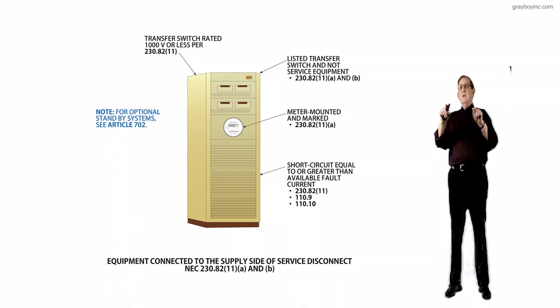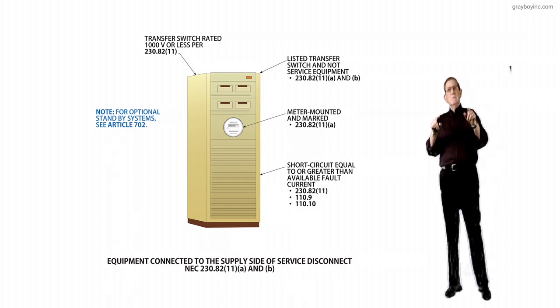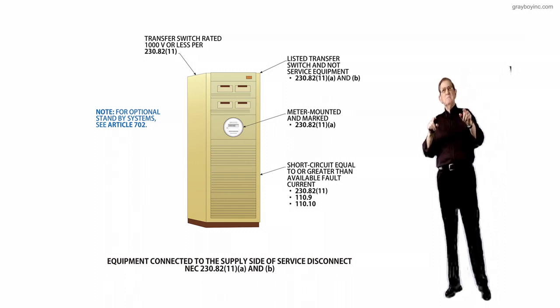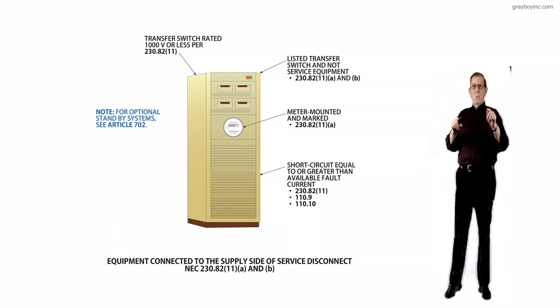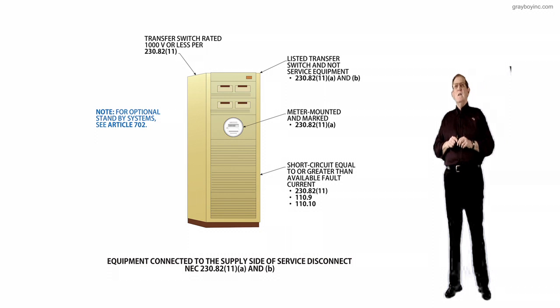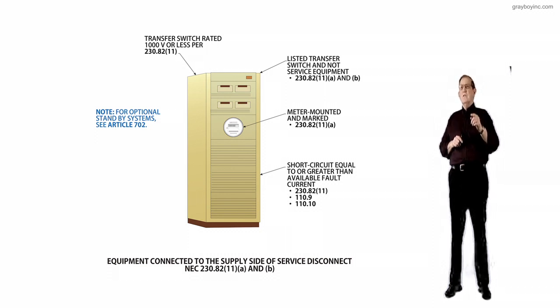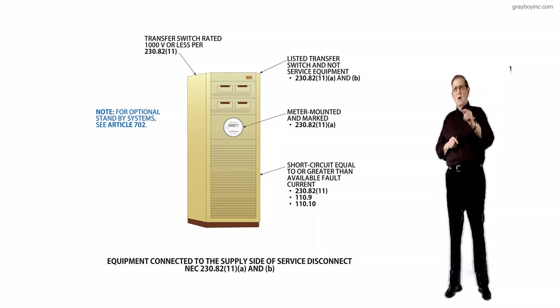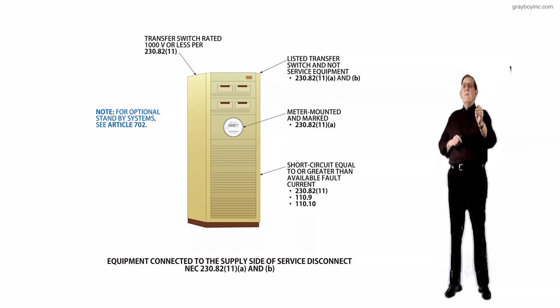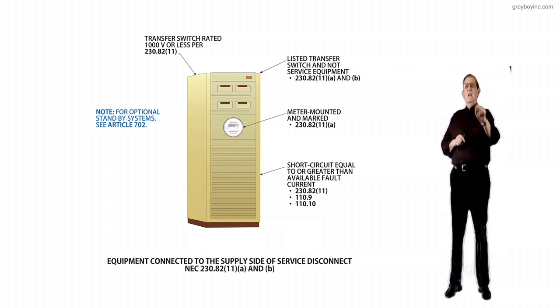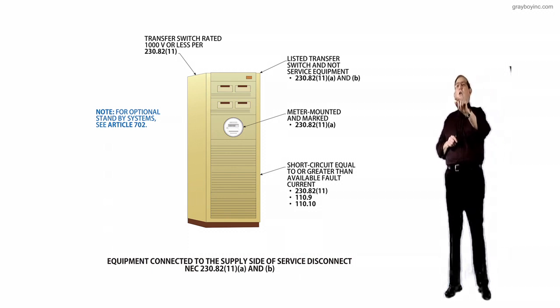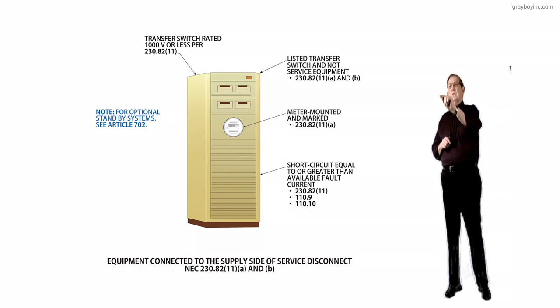But when you get into 701, legally required standby, or Article 700, emergency, you don't have that option. So keep in mind that you look at 700.2, 701.2, and 702.2 for the loads that would classify a generator as either emergency, legally required, or optional standby.